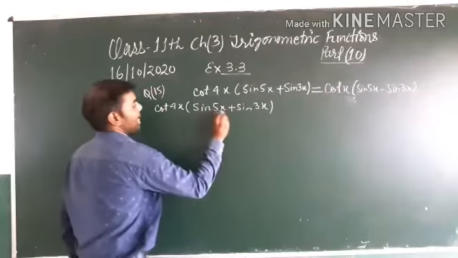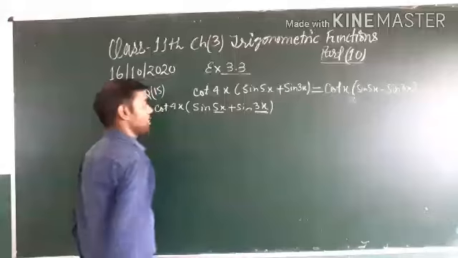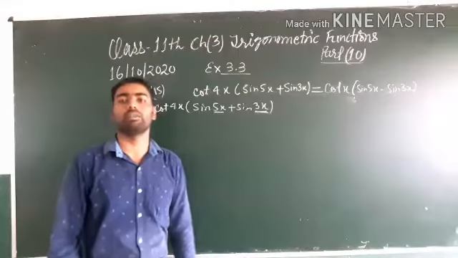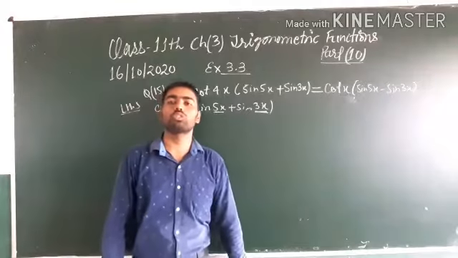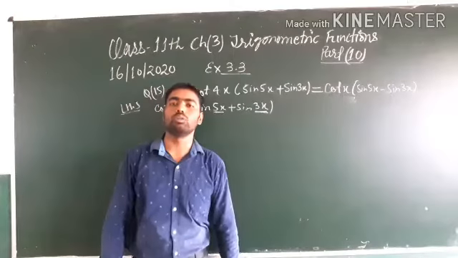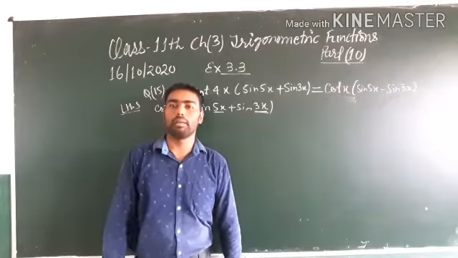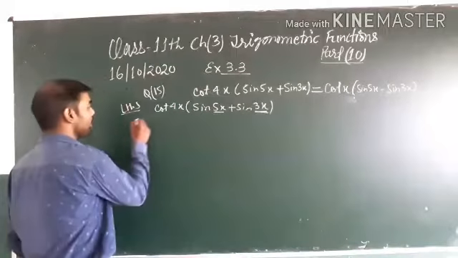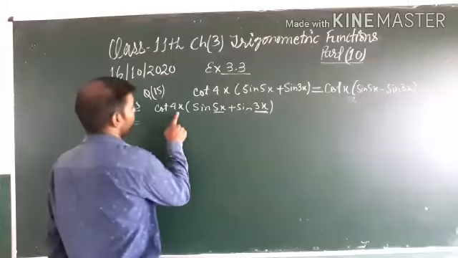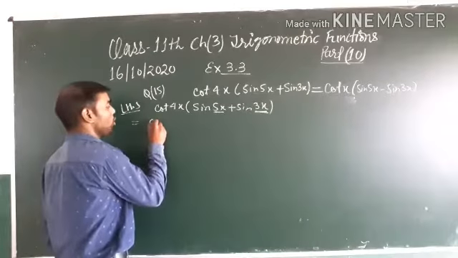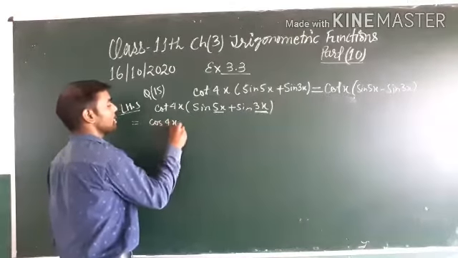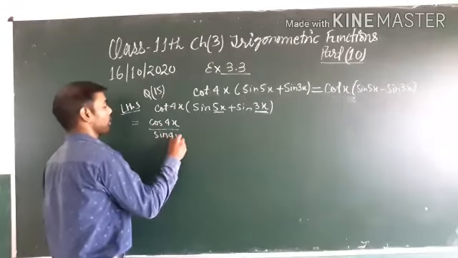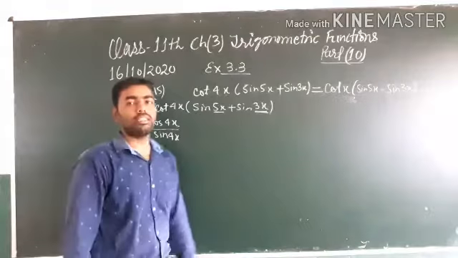This is sin C plus sin D, that is, sin x plus sin y. What is the value of sin x plus sin y? It is equal to 2 sin of (x plus y) by 2 into cos of (x minus y) by 2. We can write cot 4x in another form as cos 4x upon sin 4x, because cot x is equal to cos upon sin.